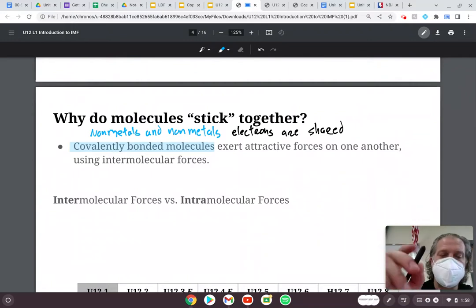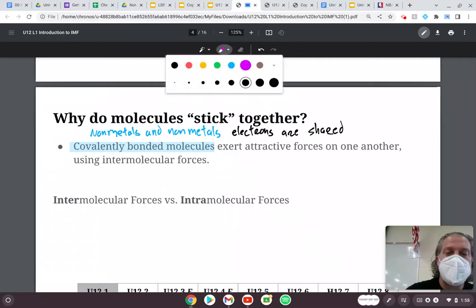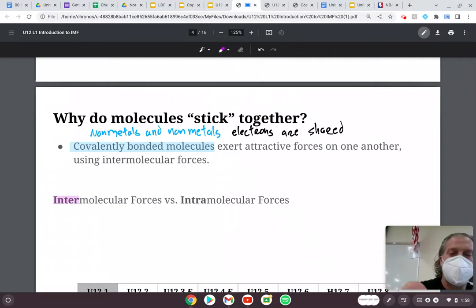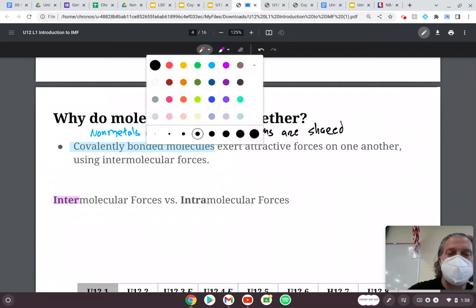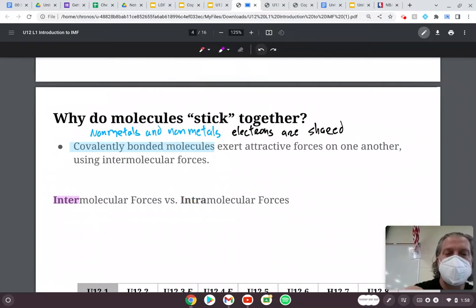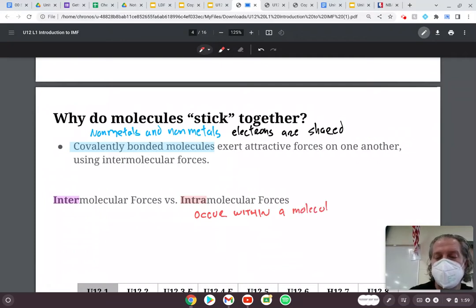So we need to talk about the difference between intermolecular forces and intramolecular forces. Let's start with intramolecular forces. Intramolecular forces occur within a molecule. These are also known as bonds.